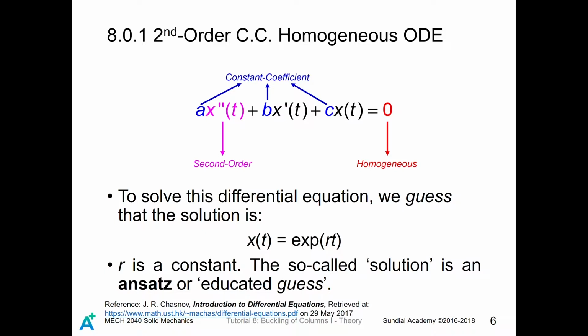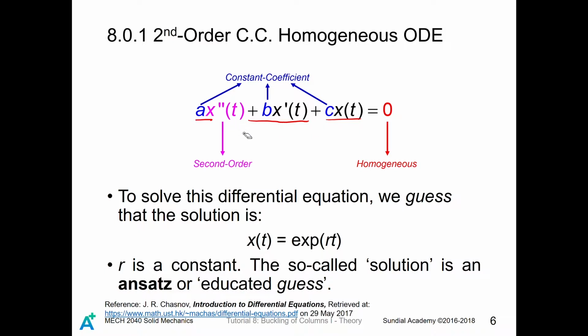To solve this differential equation, which is given by a x double prime t plus b times x prime t plus c x t equals 0, let's first have a look at how we can classify this ODE. It is an ODE because there is only one variable t.